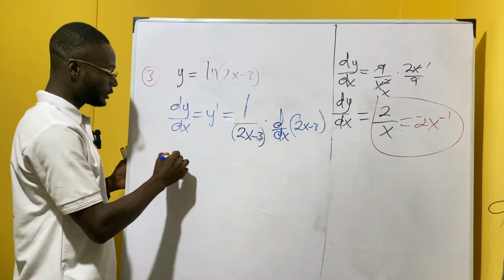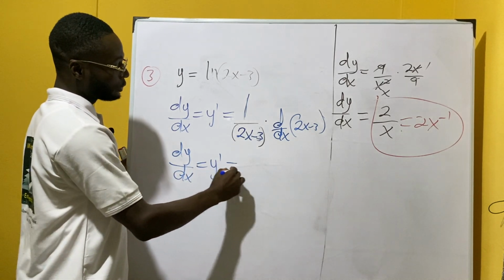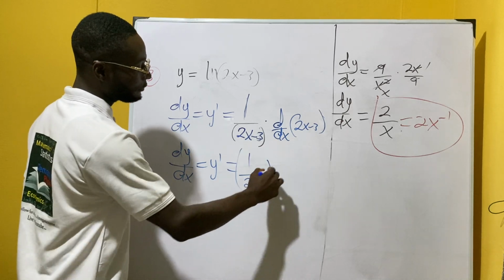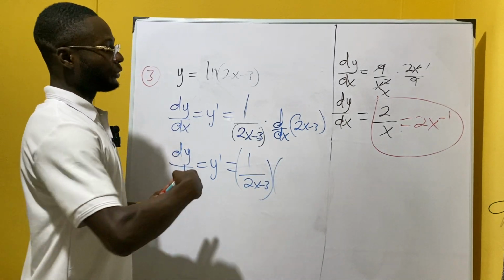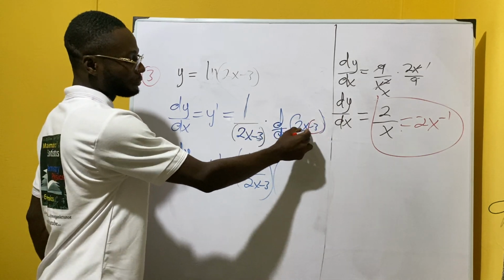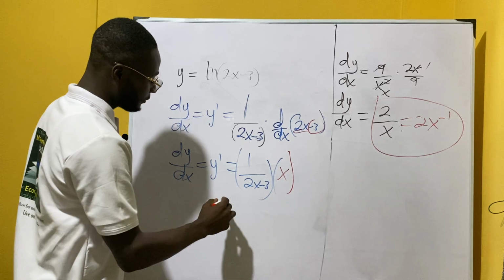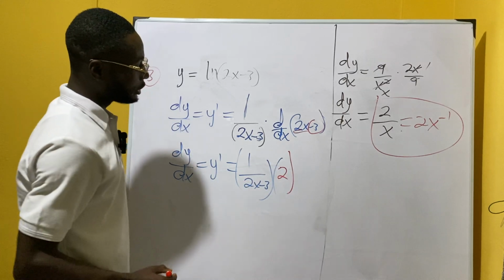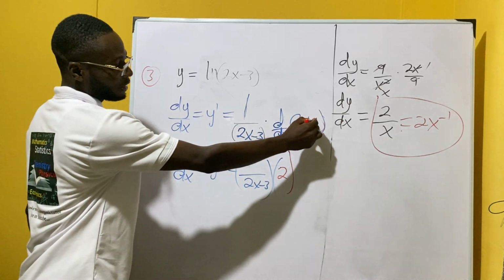Good. So we can go ahead and say that this will be equal to 1 over 2x minus 3. Then the differential of 2x minus 3, we all know that the 3 will go to 0, and the 2x basically becomes 2 times x to the power 1 minus 1, that is 0.